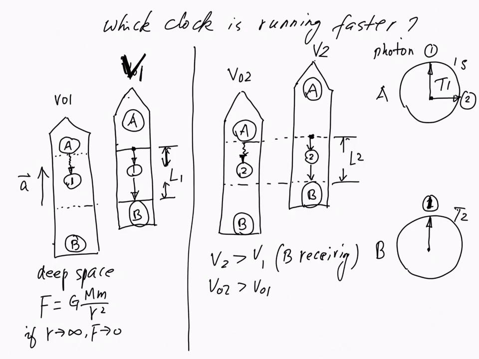Then we also know v02 should equal v01, which refers to A emitting photons.